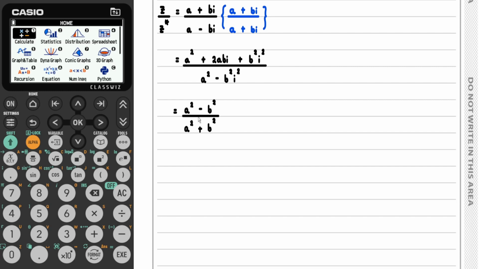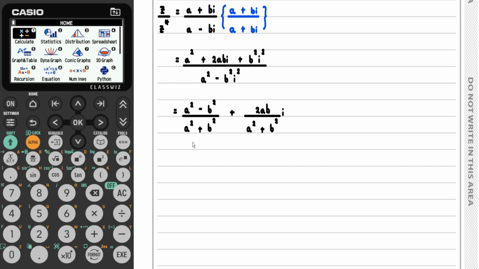So for the real part, we have a squared subtract b squared over a squared plus b squared. And then for the imaginary part, we have this 2abi, and the denominator, similar to what we have here, will be a squared plus b squared. The imaginary part is 2ab over a squared plus b squared.